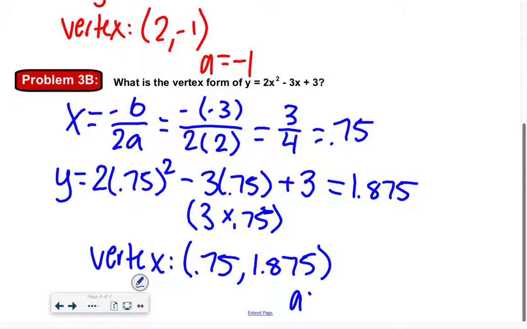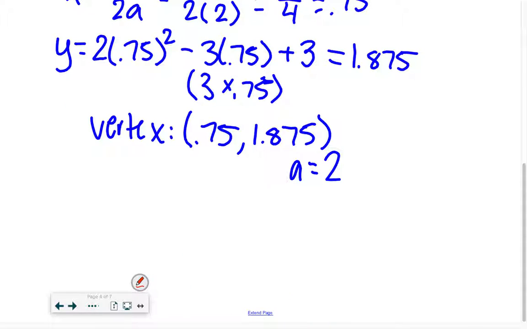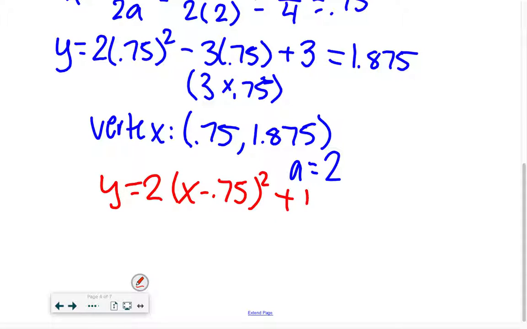What's my a? 2. All we have to do is throw it in our equation now. So I got y equals my a, which is 2, times (x minus my x coordinate of 0.75) squared plus 1.875.